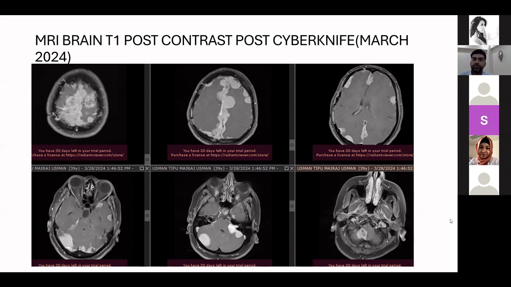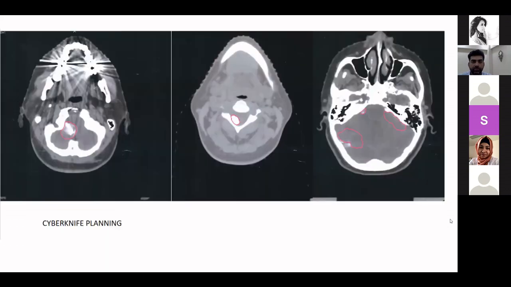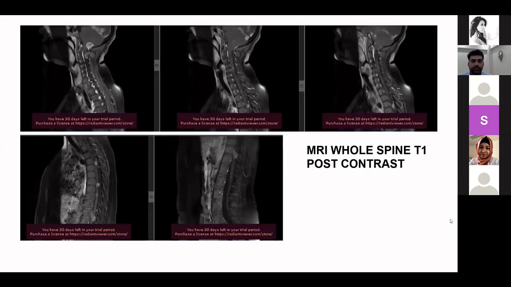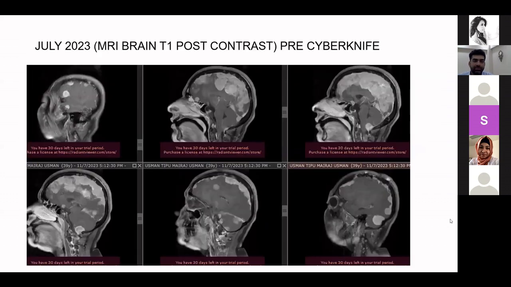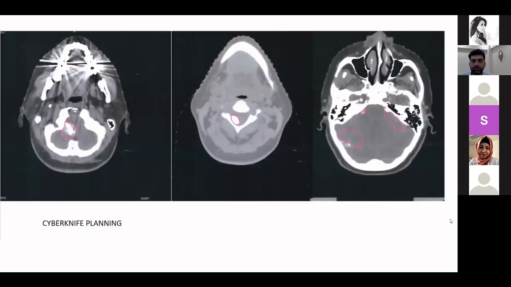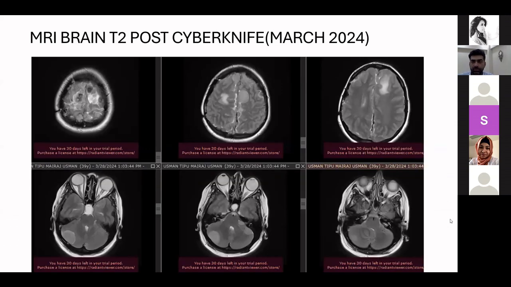When you presented the case, I thought it was a metastatic cancer, but when it came out to be meningioma, this was the first case I've seen in my professional life, in the last 40 years, with so many meningiomas in the brain.